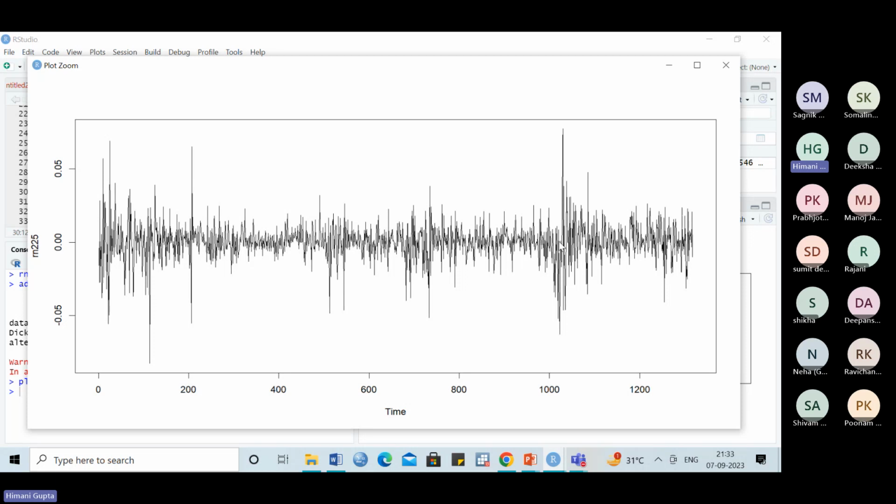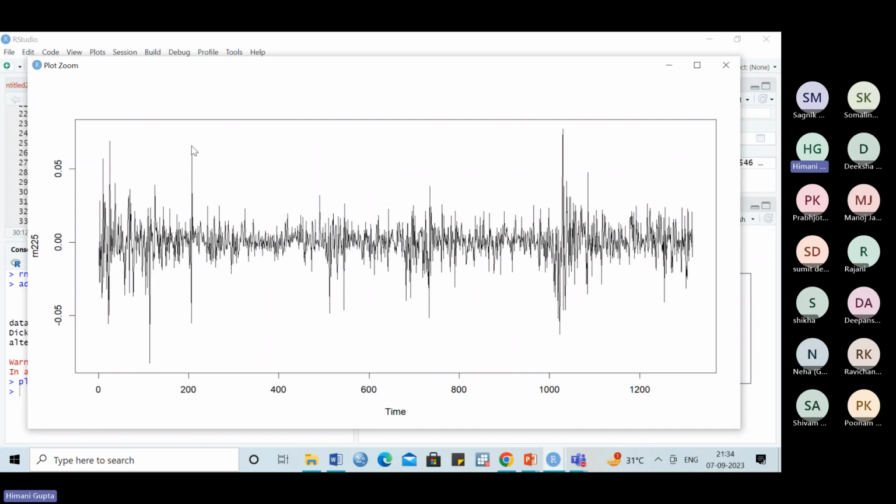When large changes are followed by large and small are followed by small, there is clustering over here. This is a clustering, this is your clustering. Got it? So you have to see these effects. And let us check the ARCH effect also, autoregressive conditional heteroscedasticity.